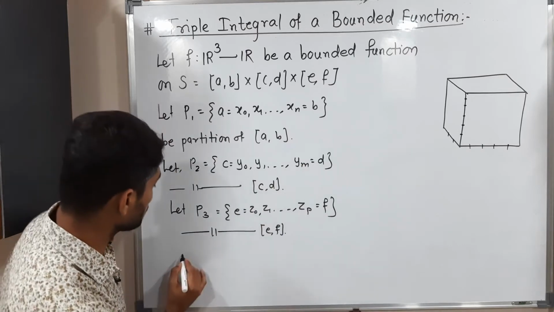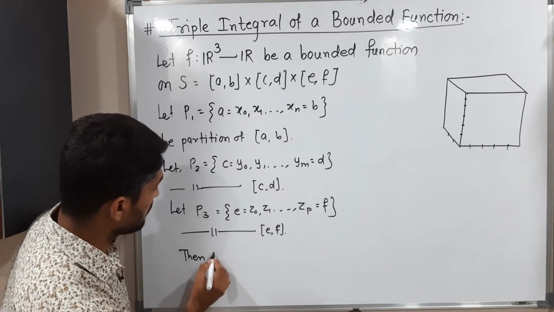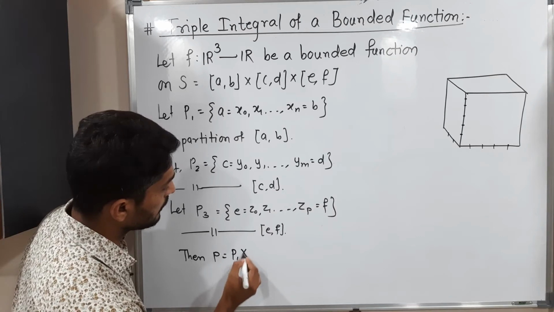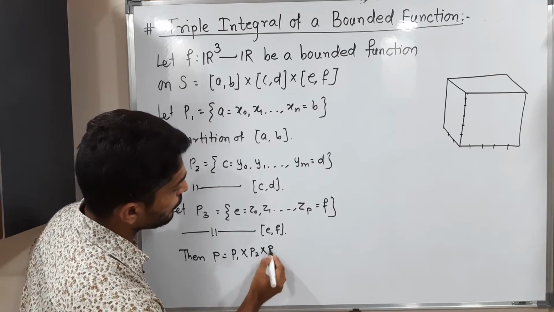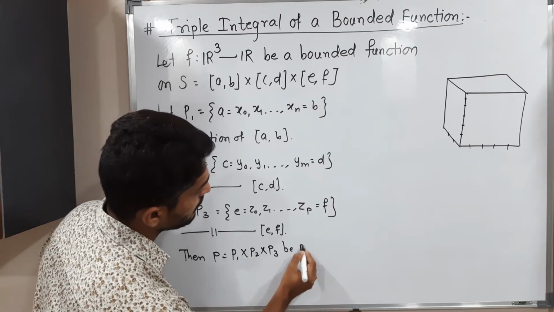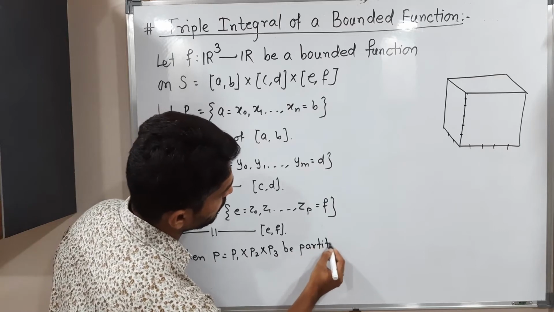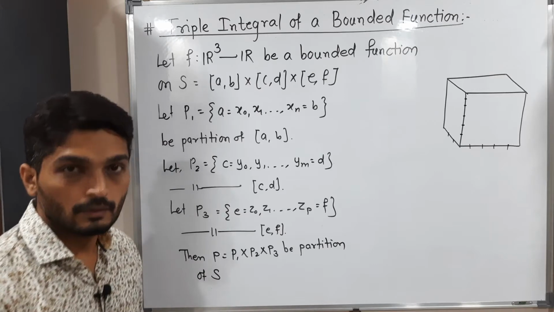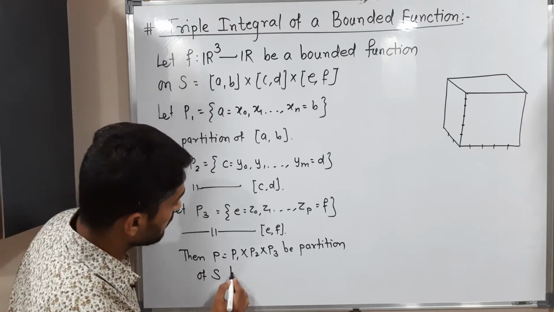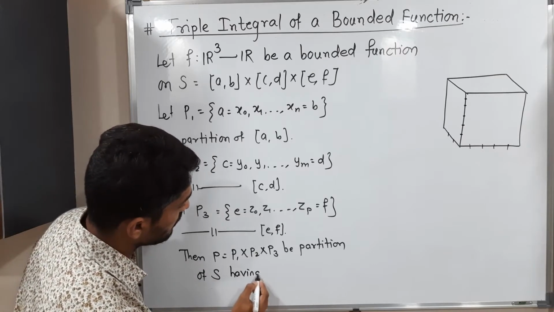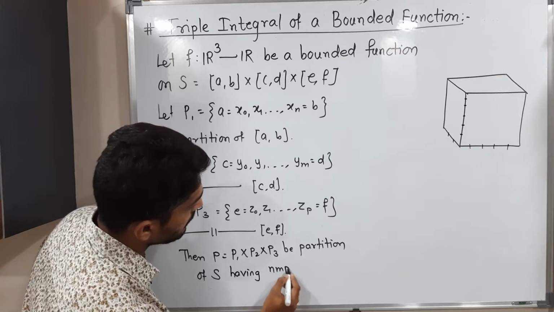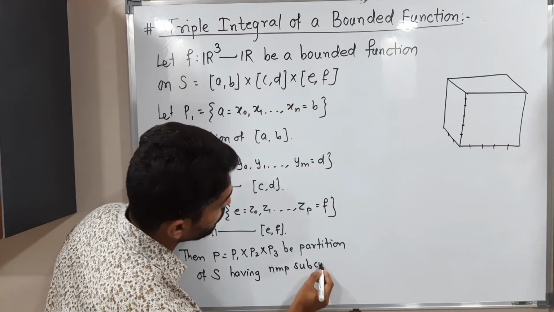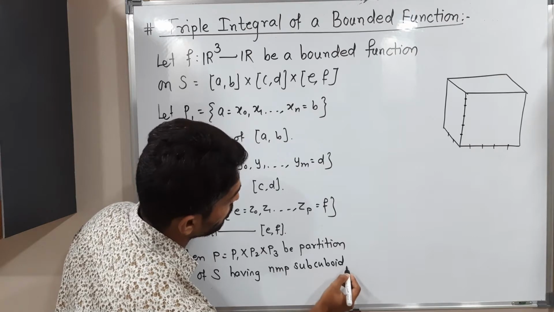So then P equal to P1 cross P2 cross P3 be a partition of S, having n, m and p subcuboids.